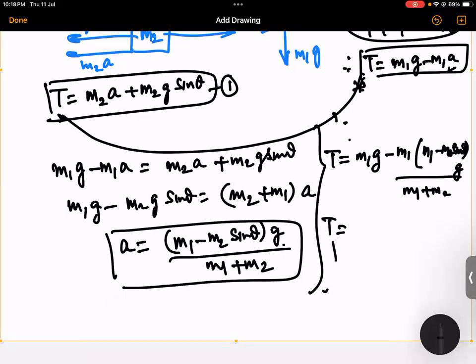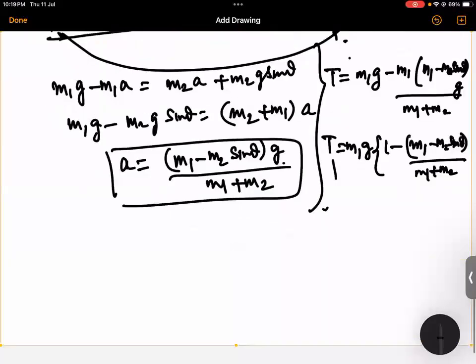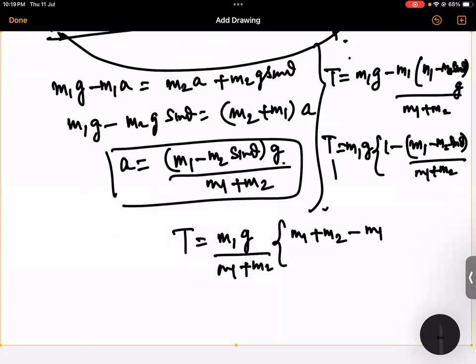Now you can take M1g common from here. So we'll get 1 minus (M1 minus M2 sin theta) divided by (M1 plus M2). Just do the calculation now, nothing else. So tension T will be equal to M1g divided by (M1 plus M2), times (M1 plus M2 minus M1 plus M2 sin theta). The M1 and minus M1 get cancelled.